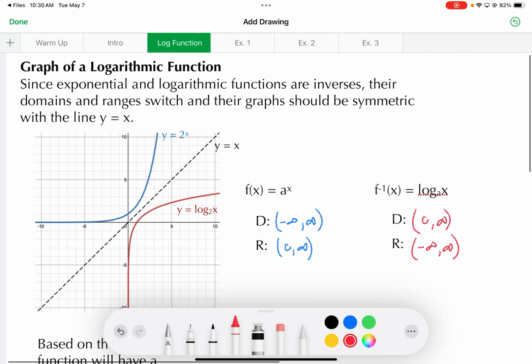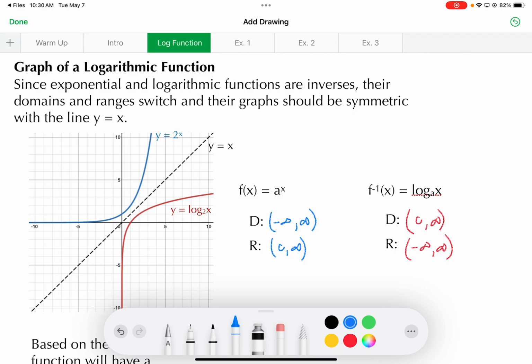Now, let's verify that those two are, in fact, inverses of each other. If I want the inverse of something, I switch x and y. So y equals 2 to the power of x changes to x equals 2 to the power of y, and I want to solve for y.